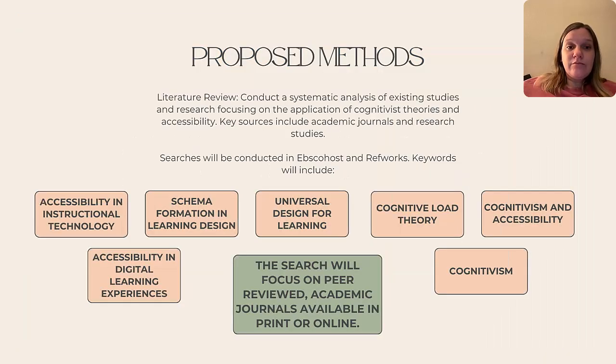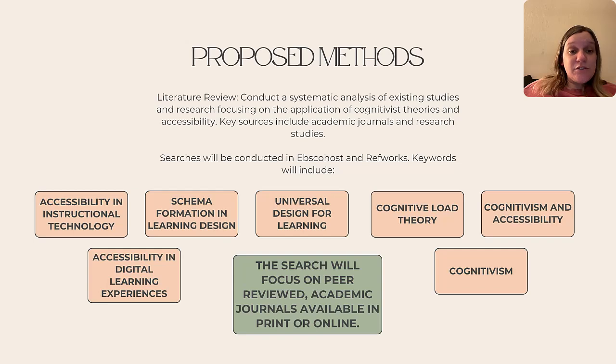Proposed methods. I would like to complete this research using literature review to conduct a systematic analysis of existing studies and research, focusing on the application of cognitivist theories and accessibility. I would prefer my sources to be academic journals or research studies published in academic journals.